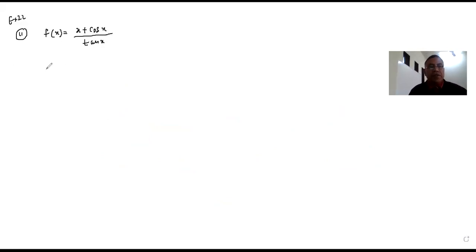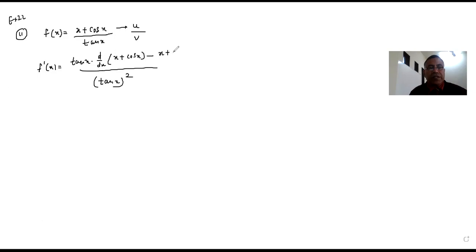Okay, so this is f'(x). Again, this is my numerator u, this is my denominator v. So denominator whole square, denominator as it is, derivative of numerator as it is, derivative of denominator.